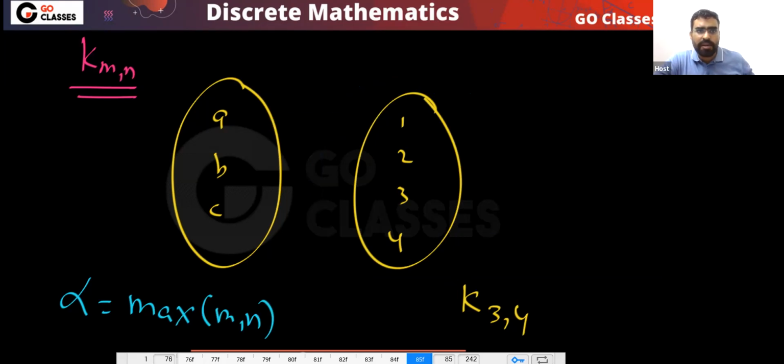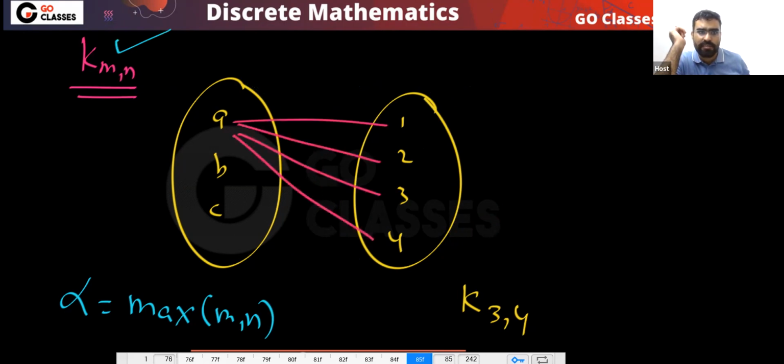Remember, tell me one thing. If I take this, then can I take something from here? This is a complete bipartite graph, meaning every vertex here is adjacent to every vertex here. So this is the idea.